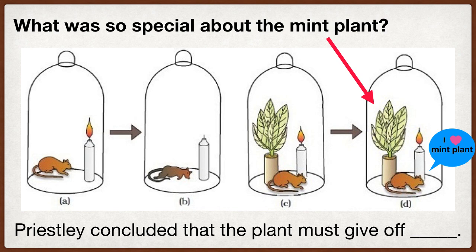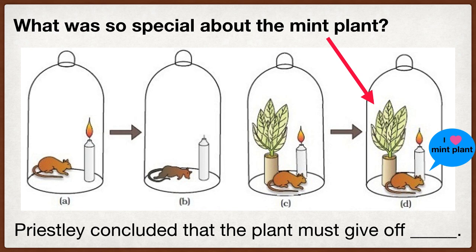So, after this experiment, Priestley concluded that the plant must give off what? So hopefully you can know that based off of his results, the candle stayed lit, the mouse that of course takes in oxygen is still alive, that the mint plant must be giving off oxygen. So that's as far as he got in that experiment.